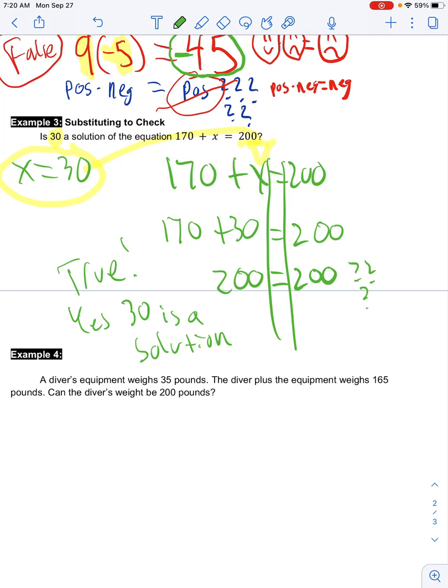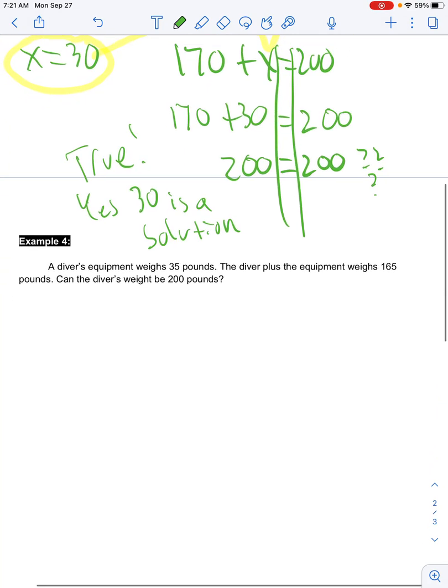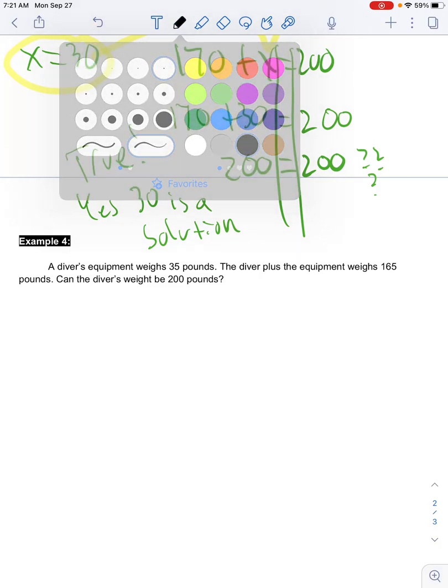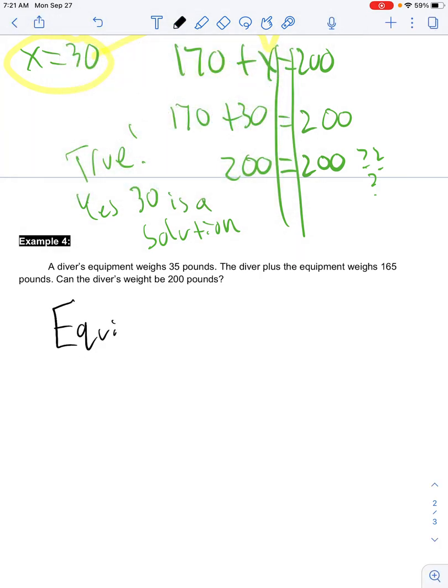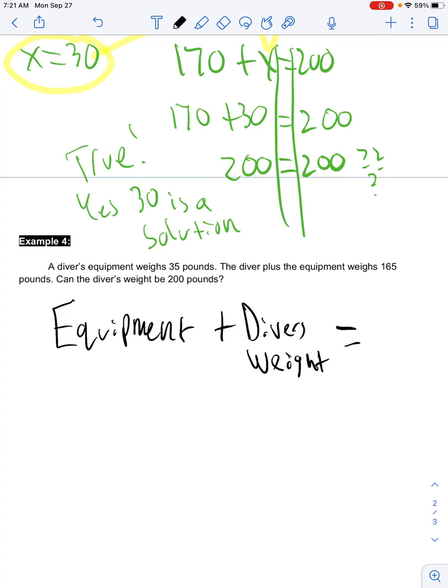And let's take a look at our last example here. A diver's equipment weighs 35 pounds. The diver plus the equipment weighs 165 pounds. Can the diver's weight be 200 pounds? So I'm just going to write it out in words: equipment plus diver's weight equals 165.